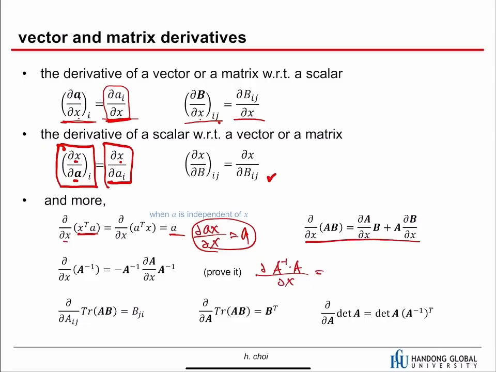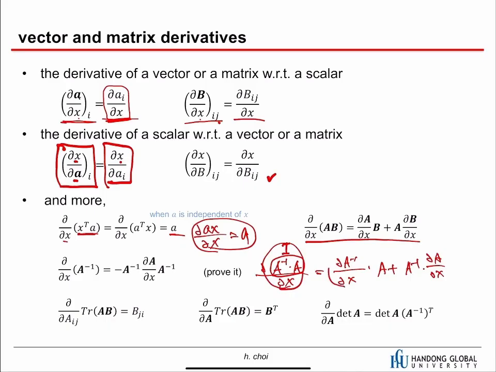Then we can use this one. The derivative of A inverse with respect to x times A plus A inverse times the derivative of A with respect to x. Okay, then look at this one. This one is actually the identity matrix. So this one is a 0.